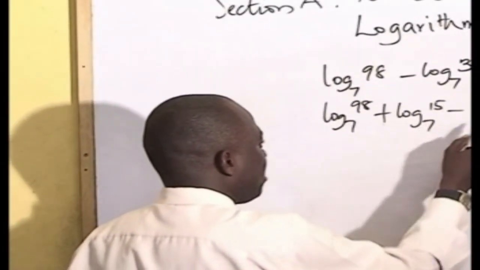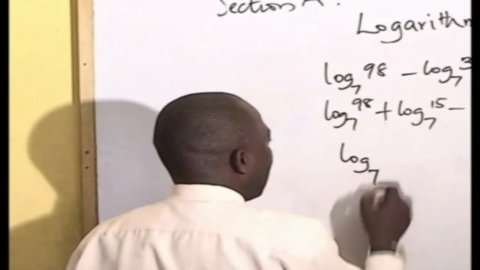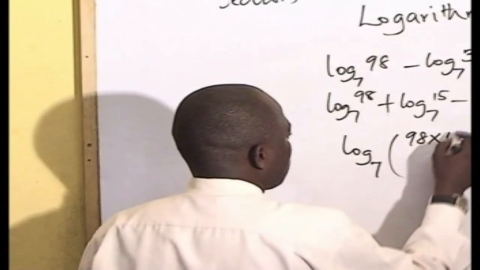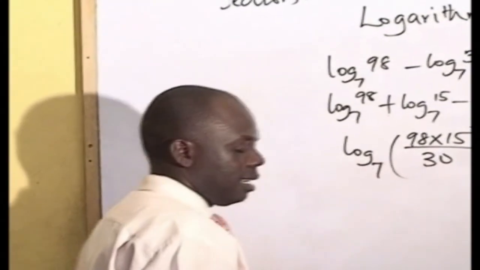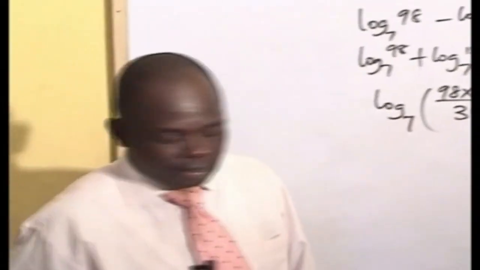When you are subtracting, you divide. So you have log to base 7 outside, open a bracket, you have 98 times 15 divided by 30.